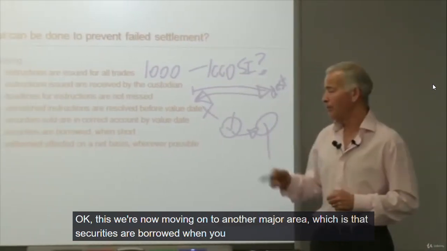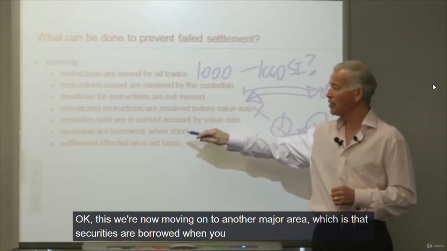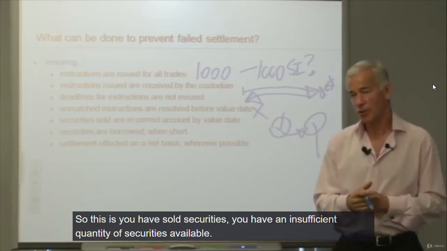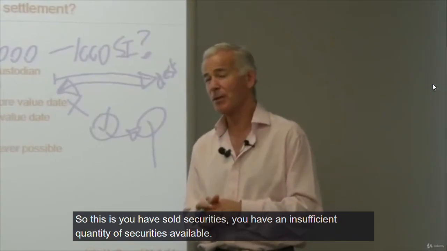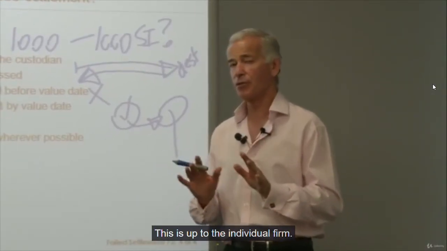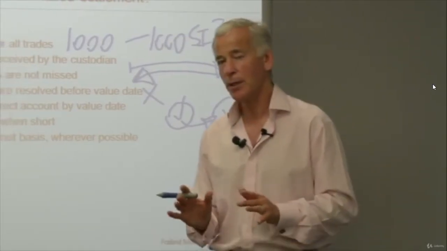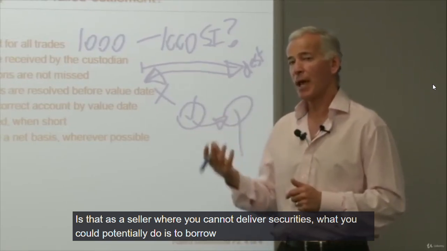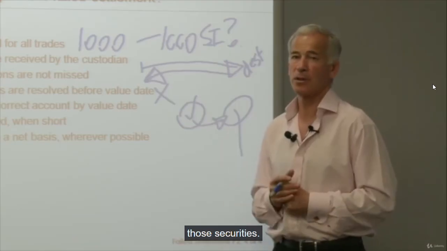Okay, we're now moving on to another major area, which is that securities are borrowed when you are short. So this is, you have sold securities, you have an insufficient quantity of securities available. What many firms do, but not all firms, this is up to the individual firm, this is not a regulatory requirement in any way, is that as a seller, where you cannot deliver securities, what you could potentially do is to borrow those securities.